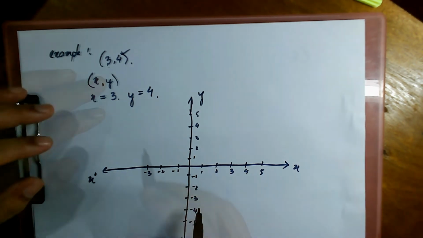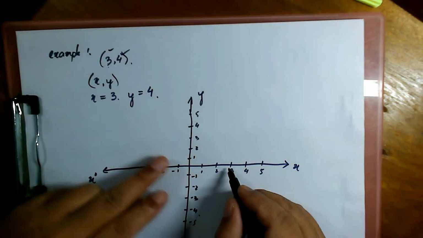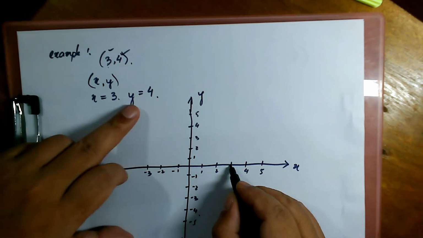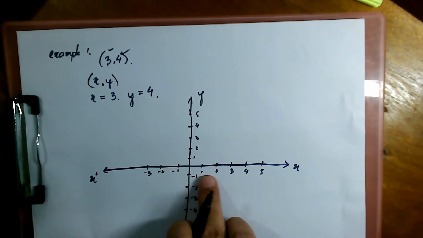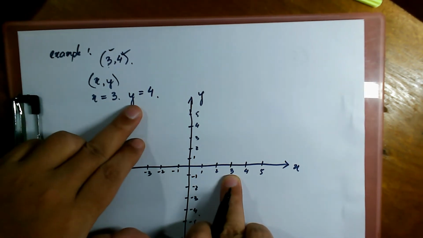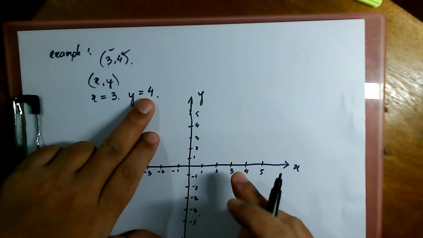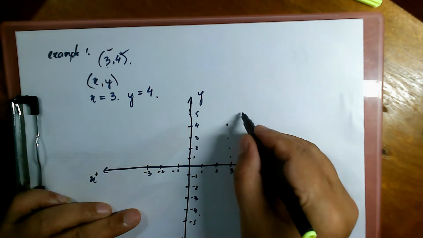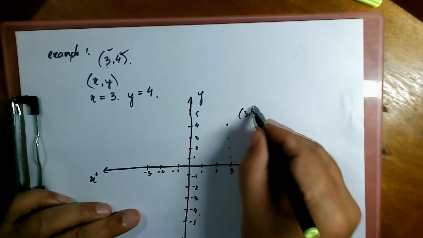Now from the given ordered pair, x is 3 and y is 4. Since both are positive, we take 3 on the positive side of x, and y is also positive, so 1 2 3 4. This is the point (3, 4).